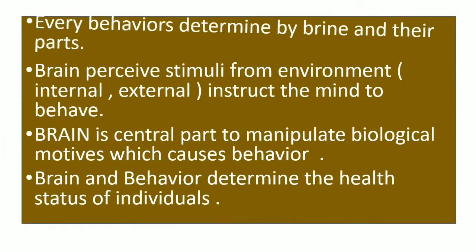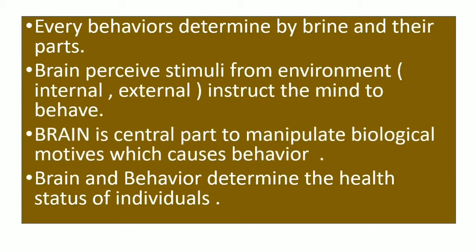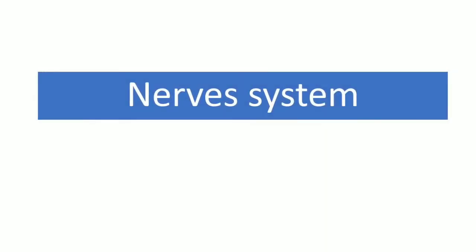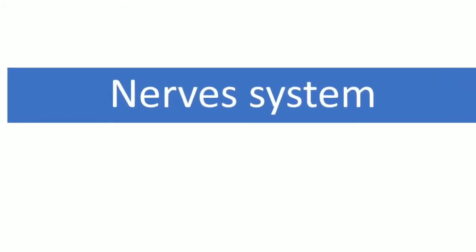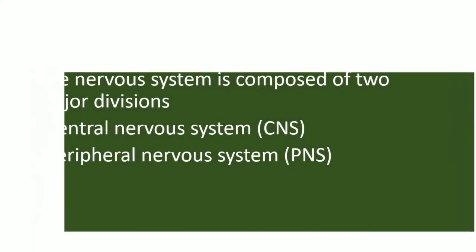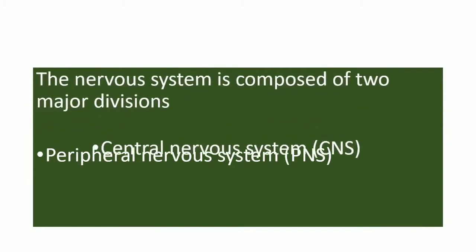First slide for you shows how behavior is derived from the brain and its parts. Brain, perception and everything is given in the slide. Then the nervous system. What is the nervous system? It has two parts, the central nervous system and the peripheral nervous system.